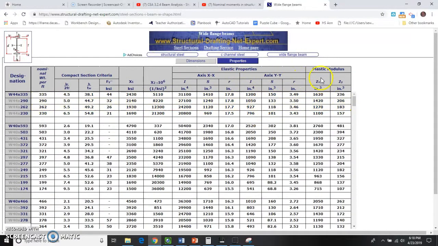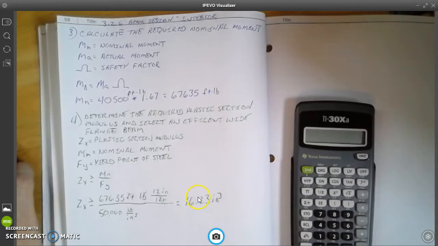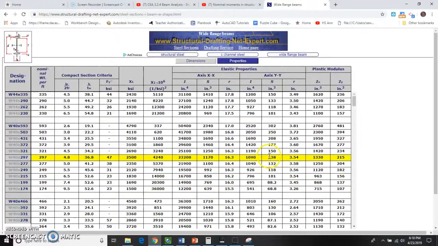Now where we're going to be looking is in this column right here, ZX, and what we're looking for is a number that is close to and over 16.23. So that's the goal here, is this column we want to be close to and over 16.23.